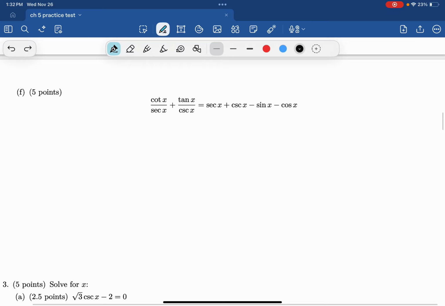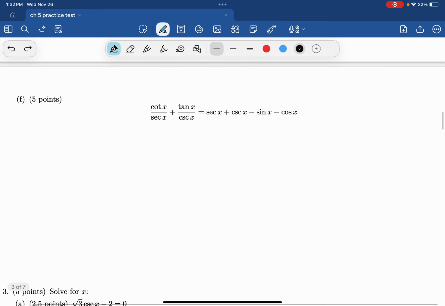Okay, next one, very similar. Probably going to try to get the left side to be one fraction. And so it's going to be cotangent x over secant x times cosecant x over cosecant x.